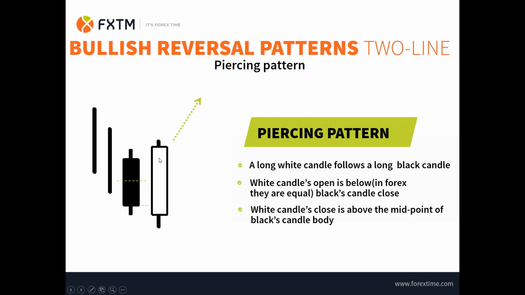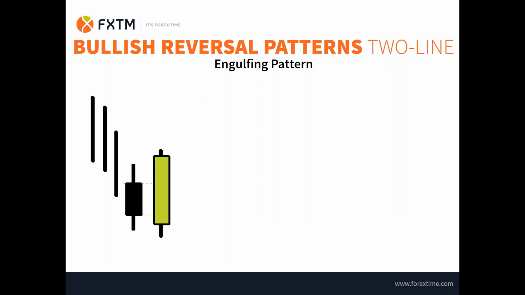The white candle's close now, so this is the closing price in this case, is above the midpoint. That's why I included here this green dotted line to show the midpoint of the black candlestick. So the closing price of the white should be above the midpoint of the previous black candlestick. All right, so that is the definition of piercing line.